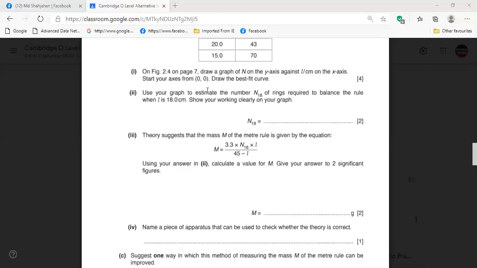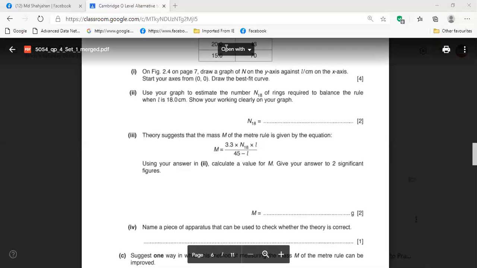Hello, Abir. Yes, sir. So previously you took 8 small squares, right? Yes. But you have to take 16 small squares, right? Yes. That's why it came wrong before.